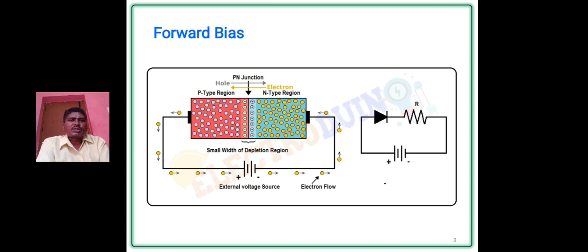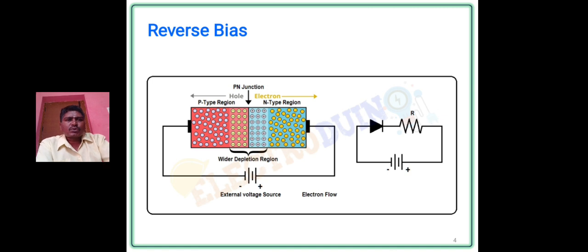This voltage is called the knee voltage or threshold voltage. This potential is also referred to as barrier potential. Up to 0.7 there is no conduction in this PN junction diode.